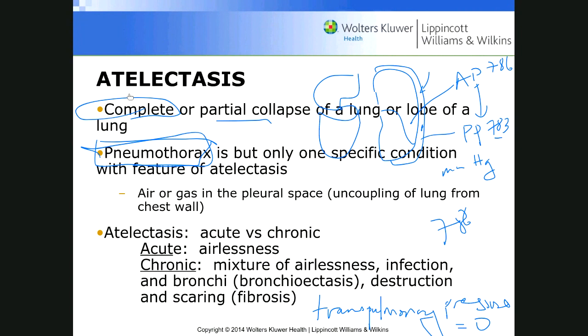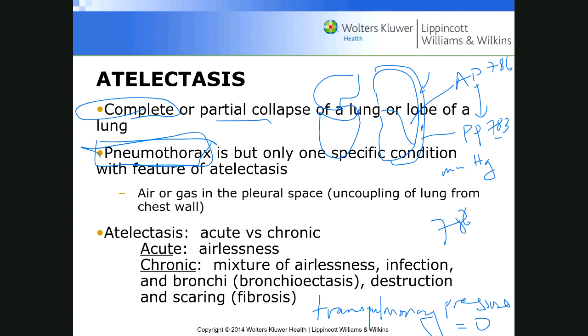Okay, so when someone has an operation, for example, and needs to be intubated for anesthesia, note that post-surgery, a complication that can result from surgery is the not fully inflated lung known as atelectasis. Okay?